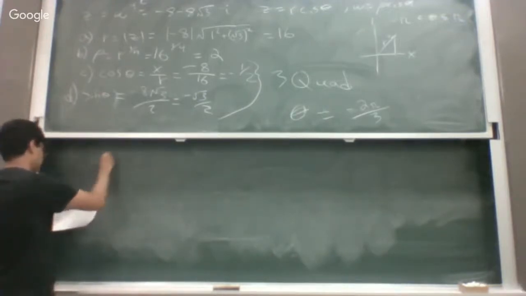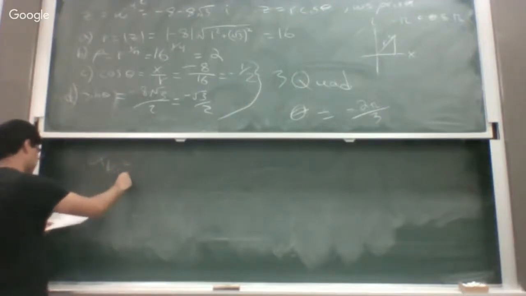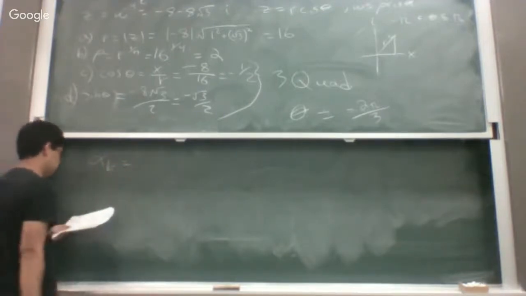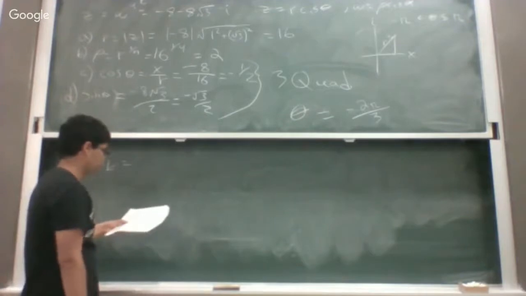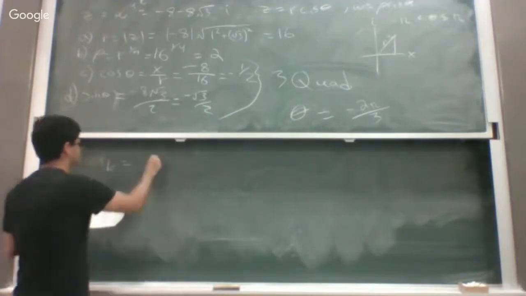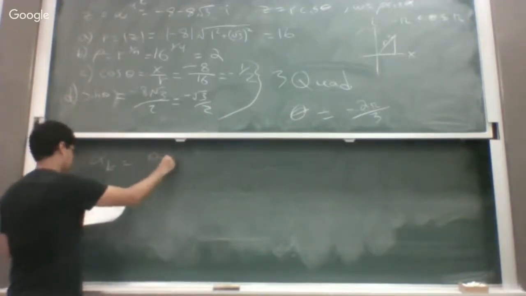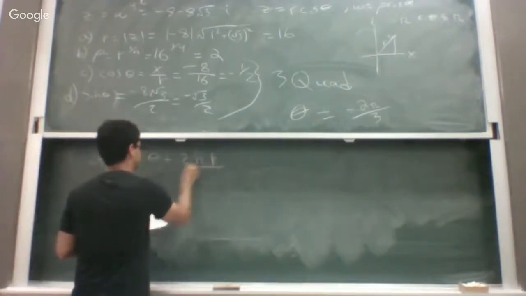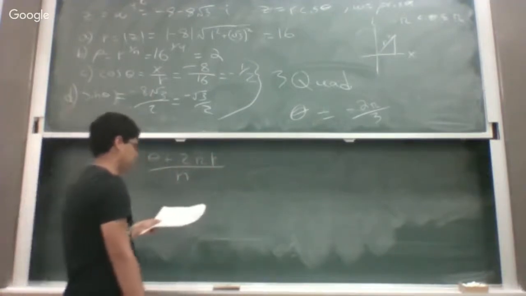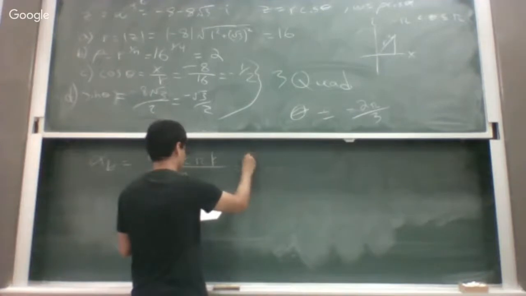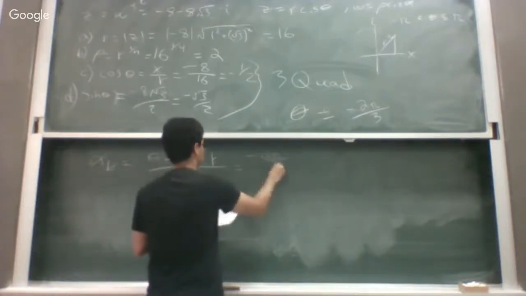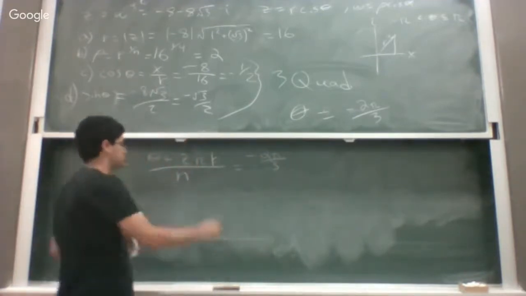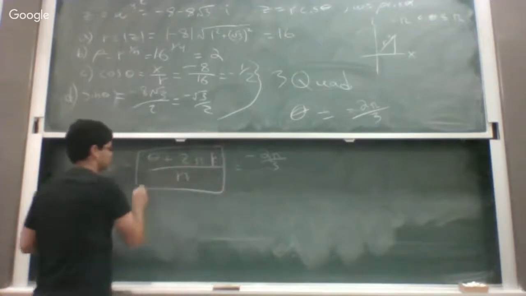We have to find alpha. Do you guys remember the formula for alpha? I believe it's 2 pi k over n. Good.